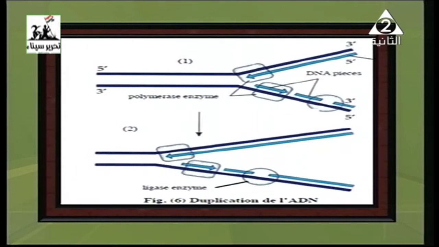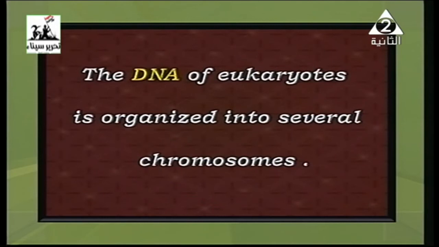After that, we need some information about the DNA in eukaryotes and prokaryotes. The DNA of eukaryotes, the living organisms whose nuclei are surrounded by a nuclear envelope, is organized into several chromosomes. There are a lot of chromosomes, and each one has its own function.